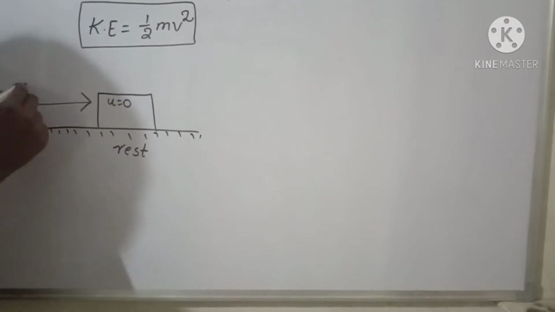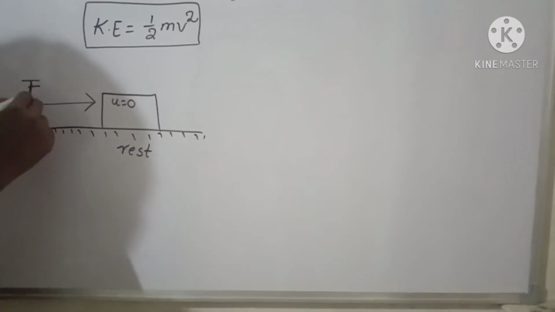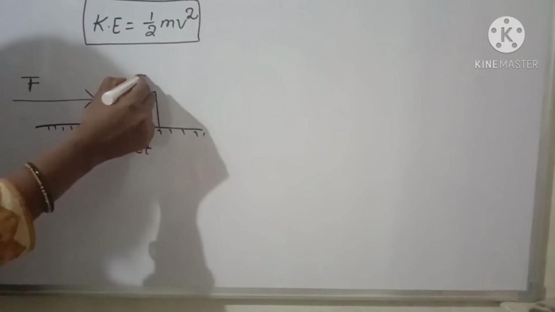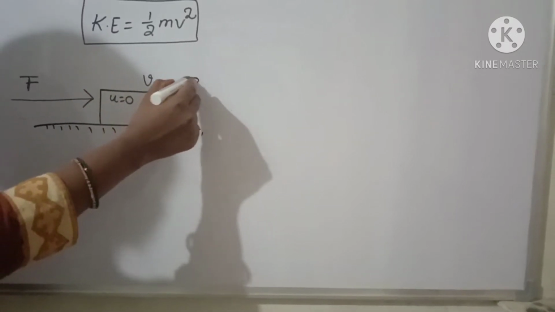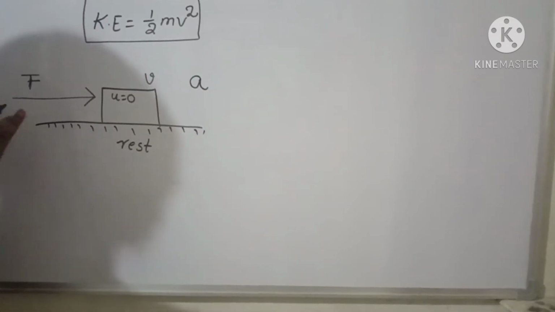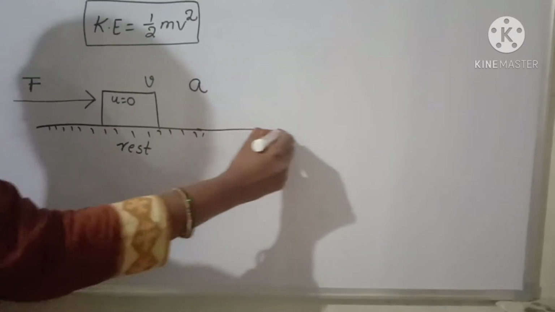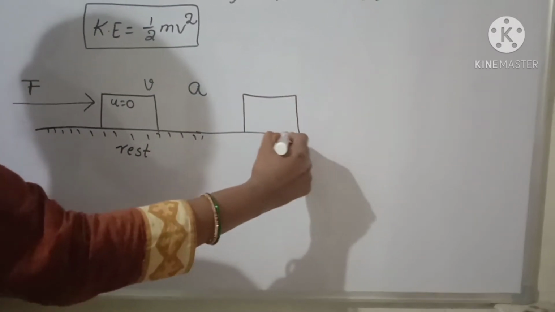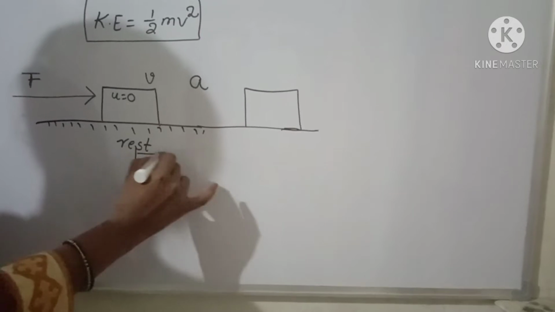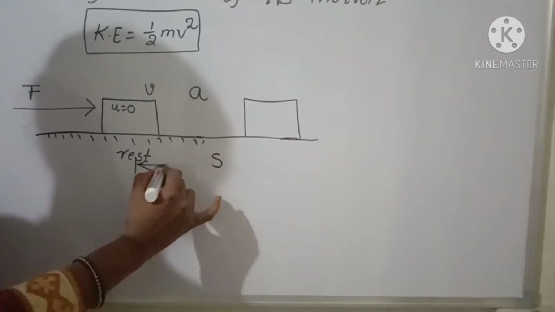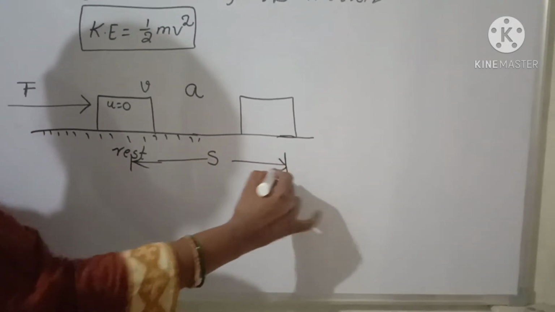And here we are applying a constant force F. When we apply the force, it will accelerate and be displaced. So it moves from one place to another place. It covers some displacement S.